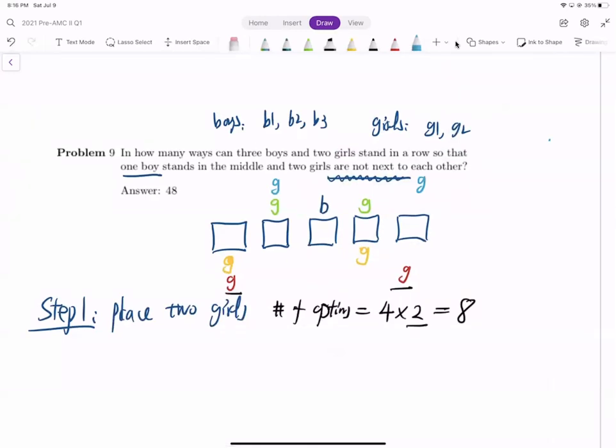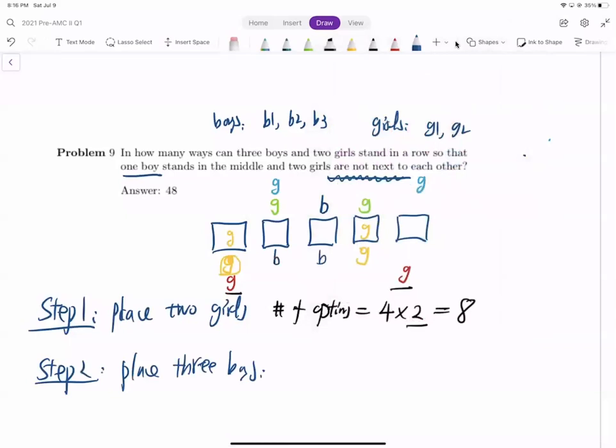And then we have step 2, right? After that we have to place 3 boys. Because after the positions of the girls are fixed, let's say the girls are all here, then the positions for boys are fixed.